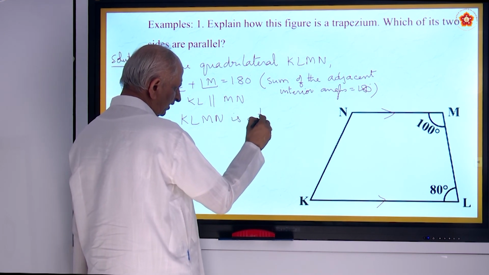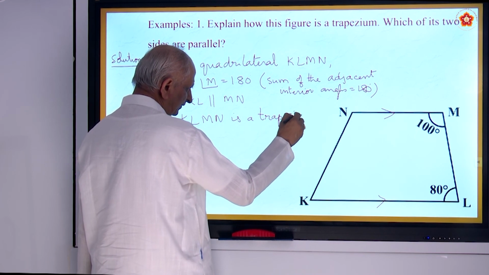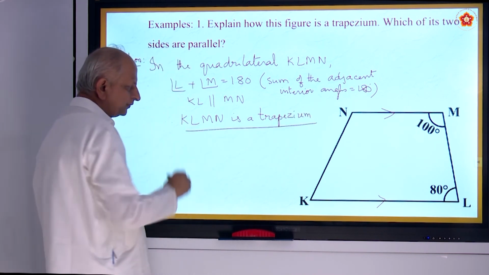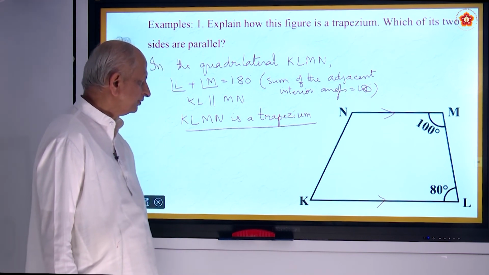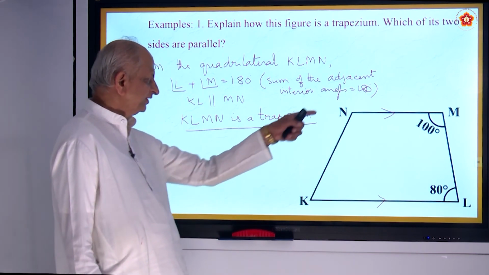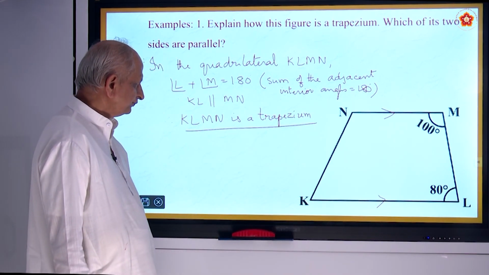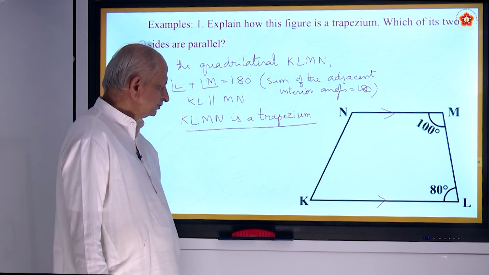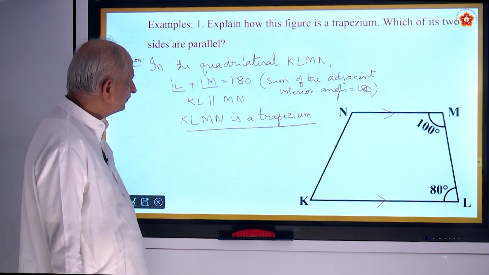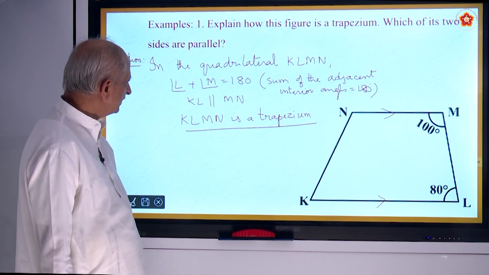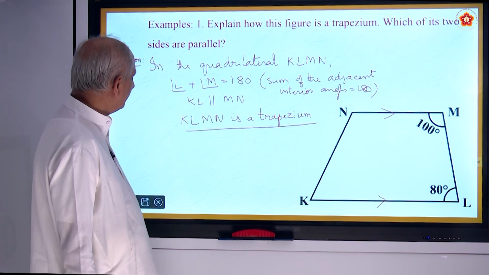You may ask why it is not a parallelogram. In a parallelogram, two pairs of sides will be parallel. Here only one pair will be parallel. In a parallelogram, opposite sides are equal. Here they need not be equal. That's all for the question. Which of its sides are parallel? They are asking. KL and MN, they are parallel.